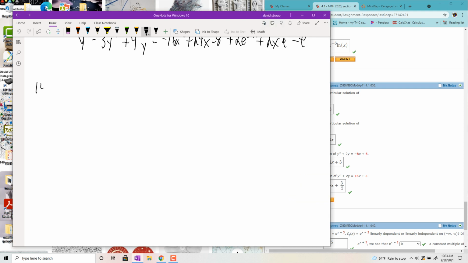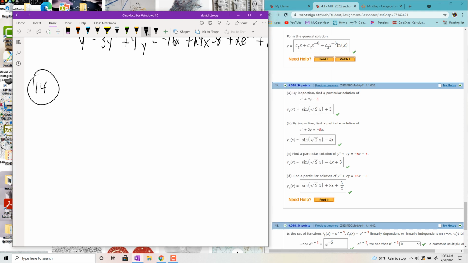So number 14 is definitely challenging in that you kind of have to guess at the solutions to the differential equation y double prime plus 2y equals 6. So if you think about the trig functions, they kind of will cancel each other out if you look at their derivatives.